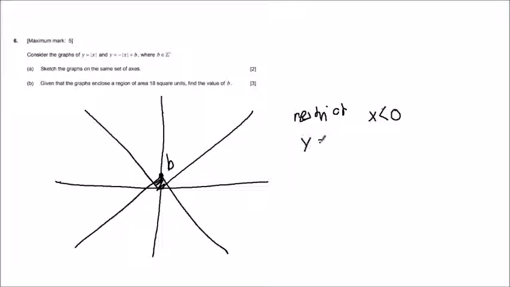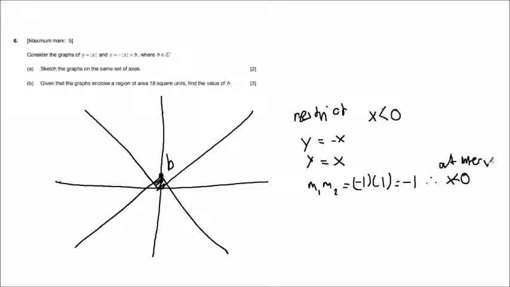We'll have y equals minus x and y equals x, and m1 times m2 is equal to minus 1 times 1, which is equal to minus 1. Let's say this is y1 and this is y2. So at the interval x smaller than 0, y1 is perpendicular to y2. And we can prove the same for the other side, but I'm not going to do that.